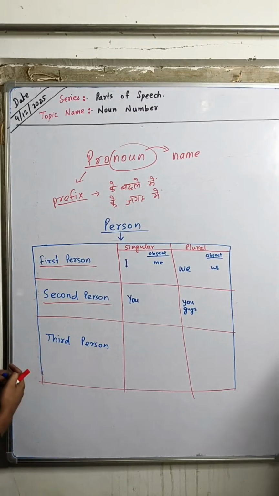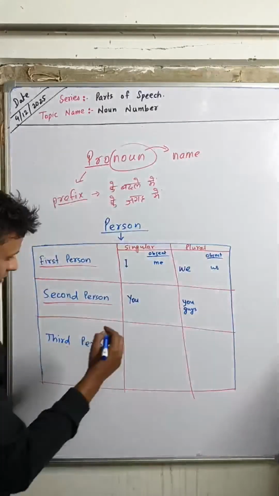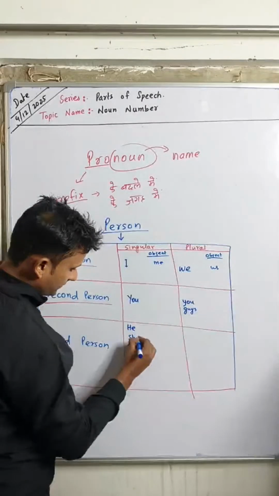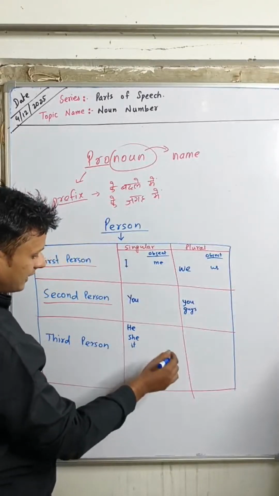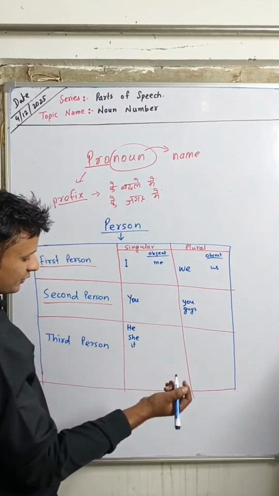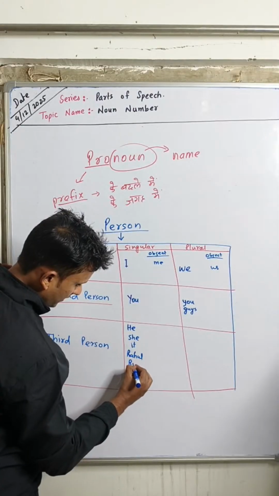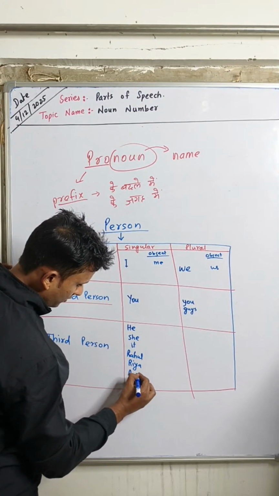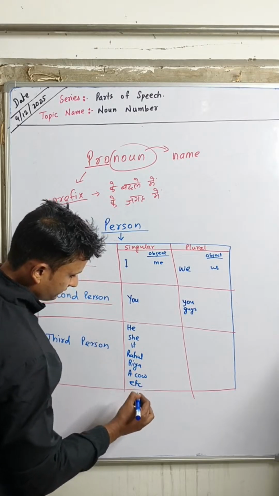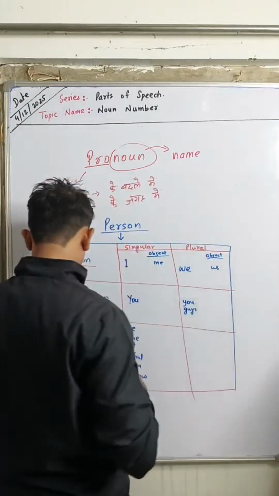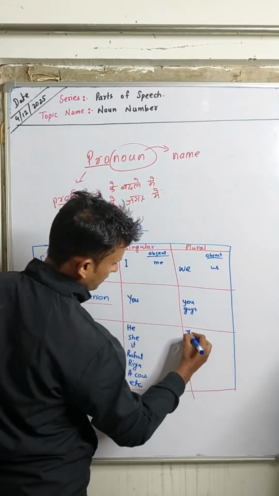Pronouns are different, nouns are different, you know, right? So the pronouns that we use in third person singular number are he, she, it in case of non-living things or animals or a child. And if we use nouns, that means a singular name, like Rahul, Ria, a cow, etc. And if you talk about third person plural, the pronoun is they.